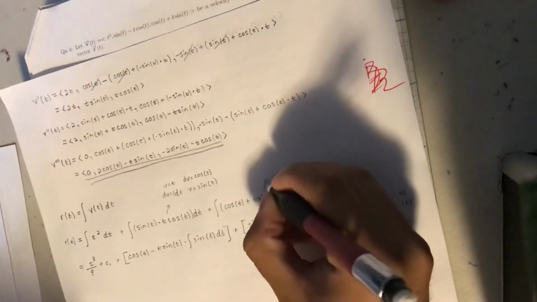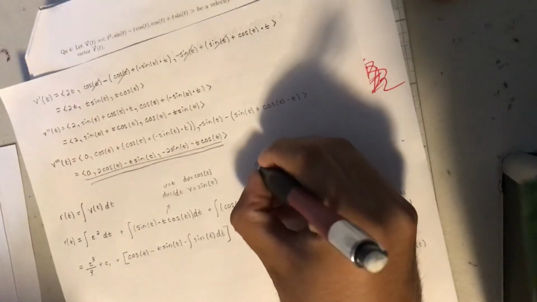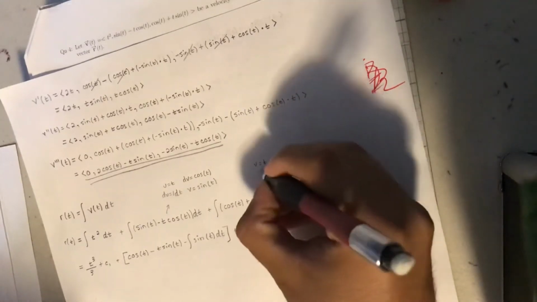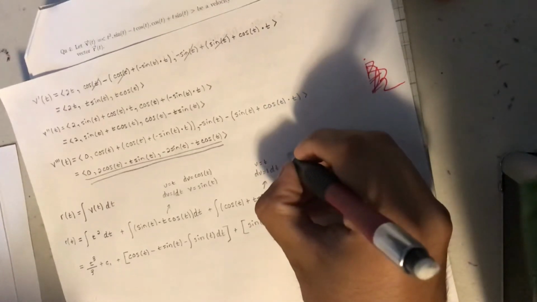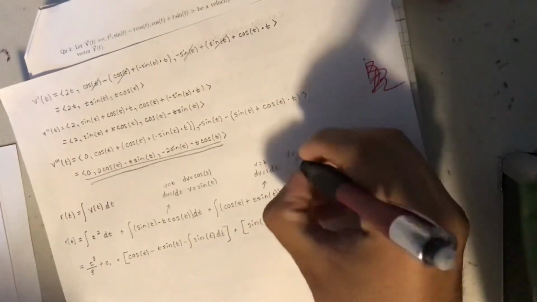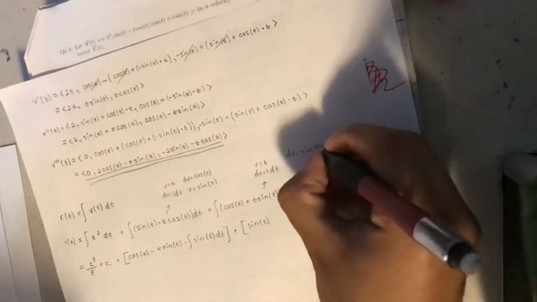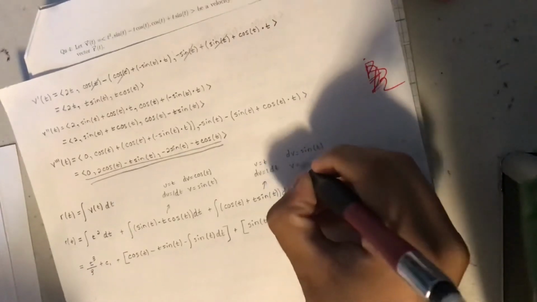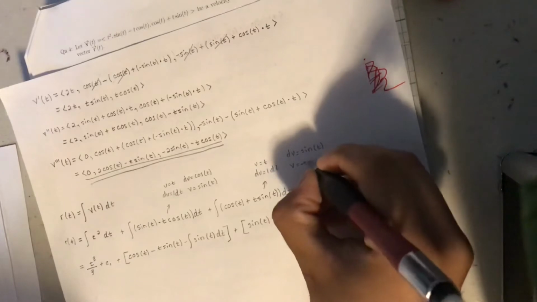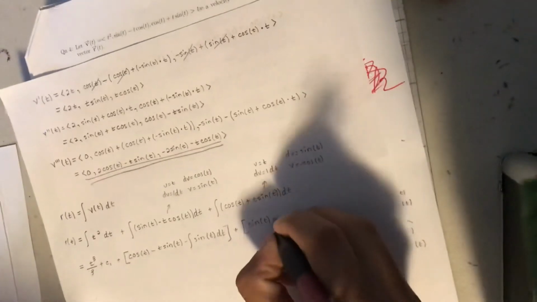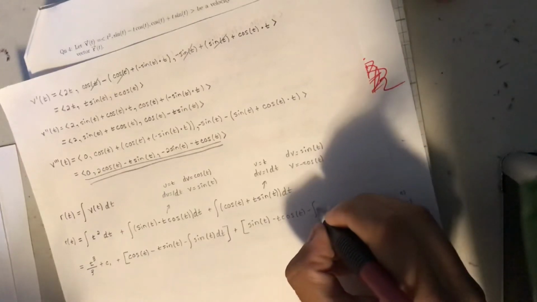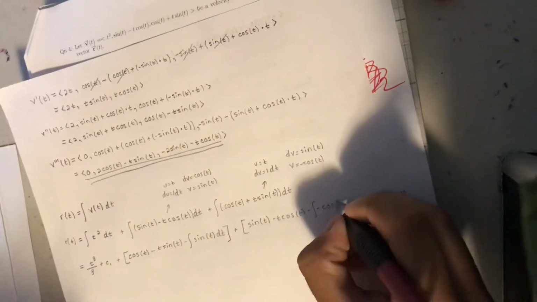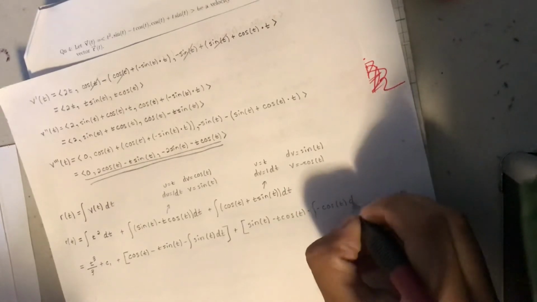And then again, using integration by parts, we get t sine t minus the integral of cosine t dt.